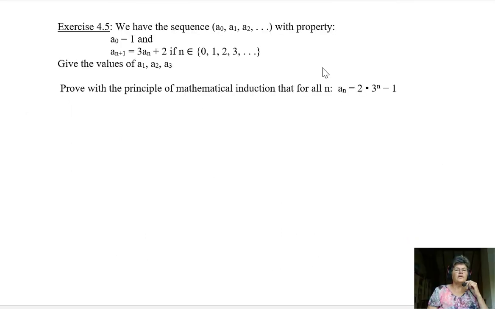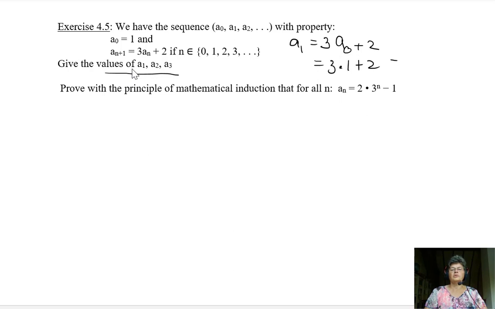Exercise 4.5. Now we have a sequence with a given property. And they first like us to give some values of A1, A2 and A3 just to get a feeling of the sequence itself. So A1 would be 3 times A0 plus 2. So that would be 3 times 1 plus 2, so that would be 5.